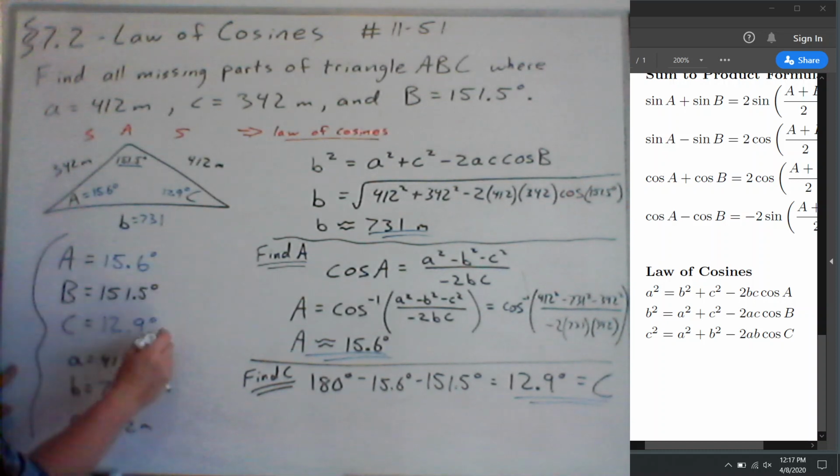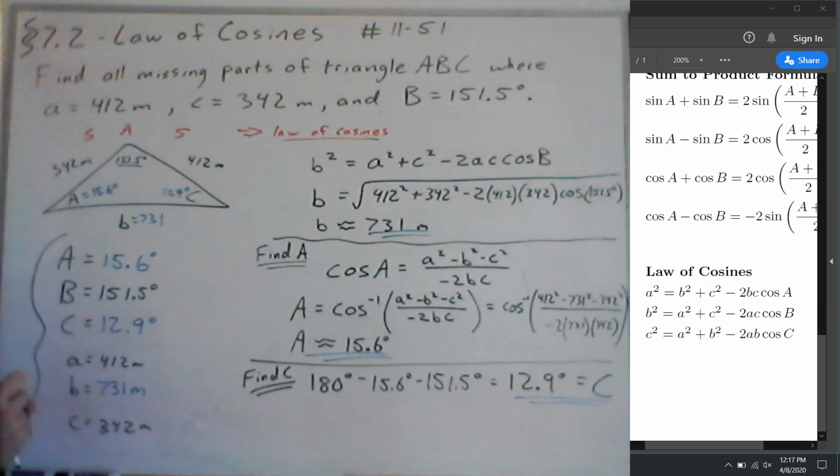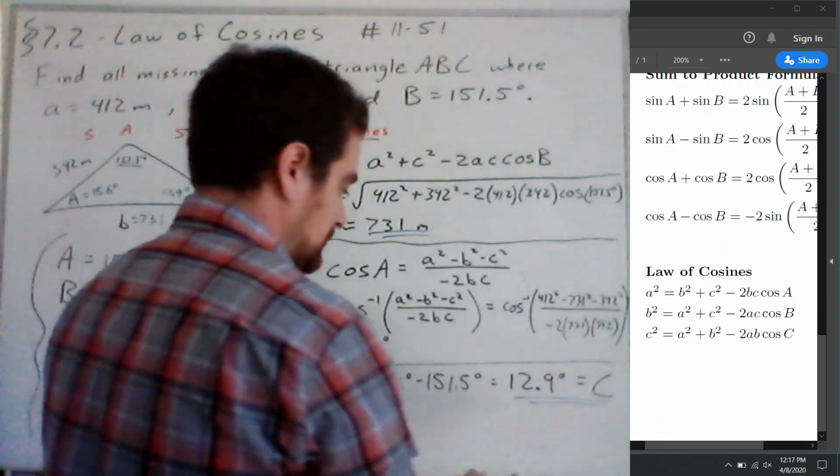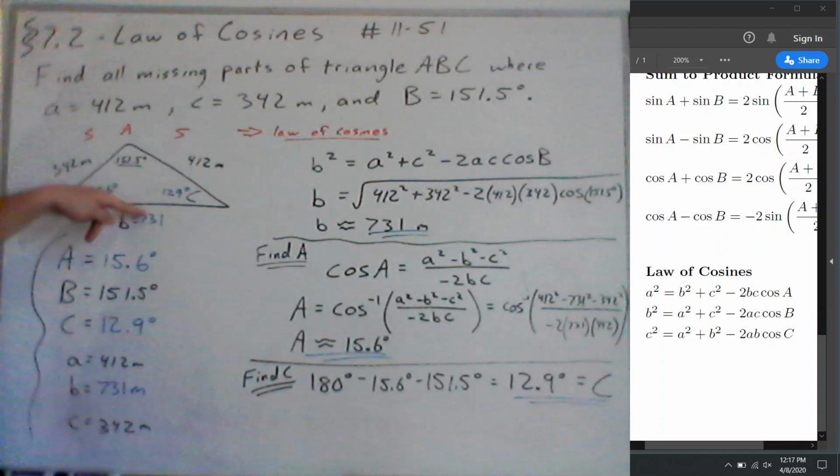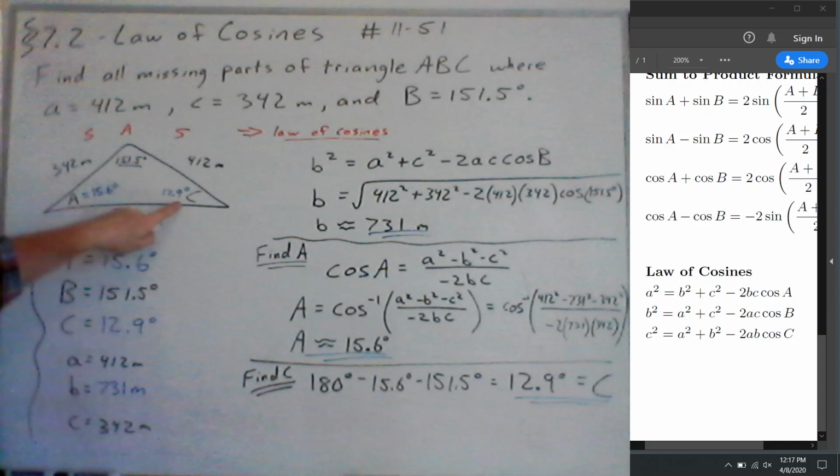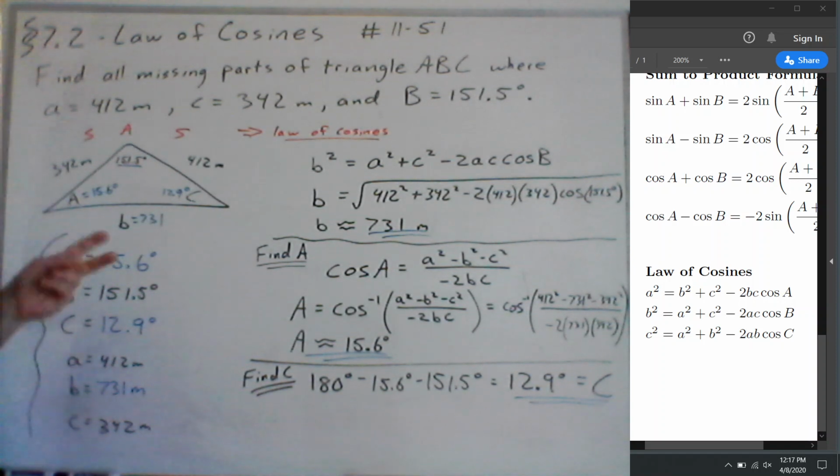Of course, all three of these angles should add up to 180 degrees, which it looks like they do. The largest angle opens up to the largest side. The smallest angle opens up to the smallest side. So everything looks like it's in agreement. So we're good to go.